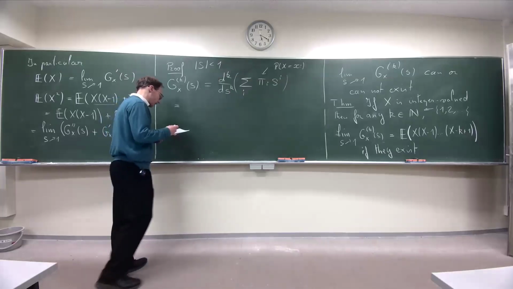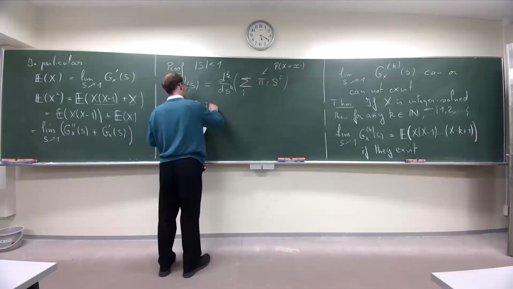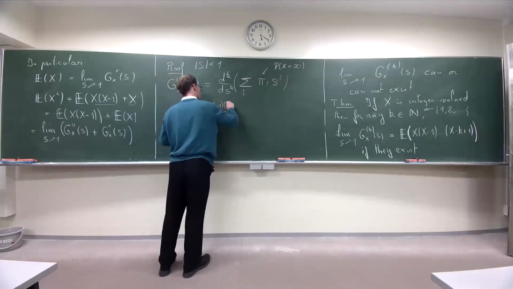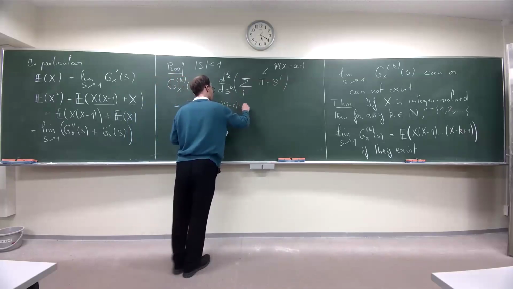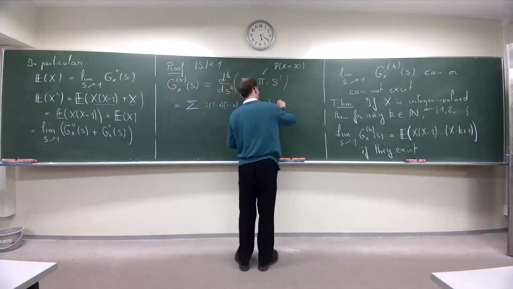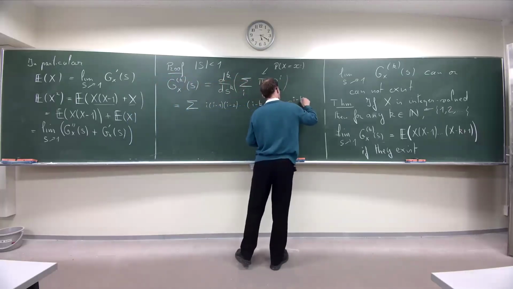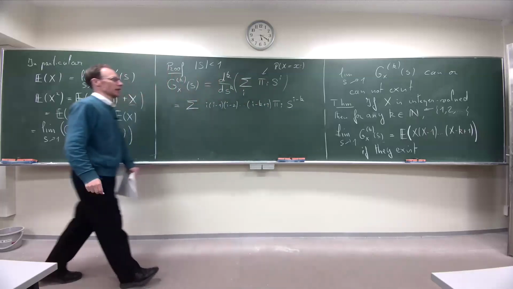Okay, so I can differentiate, and I obtain the sum of i times i minus 1, i minus 2, up to i minus k plus 1, times pi times s to the i minus k. You just differentiate k times.